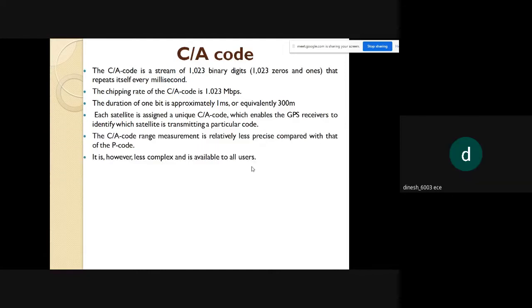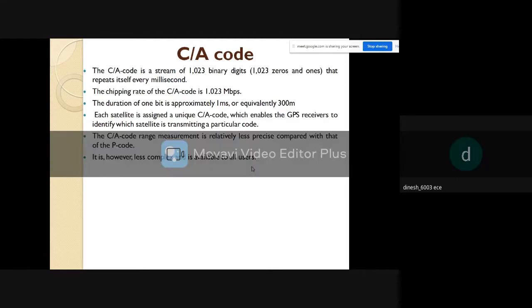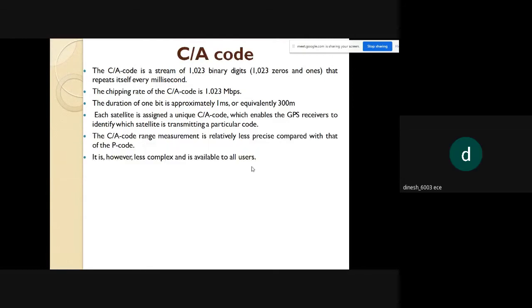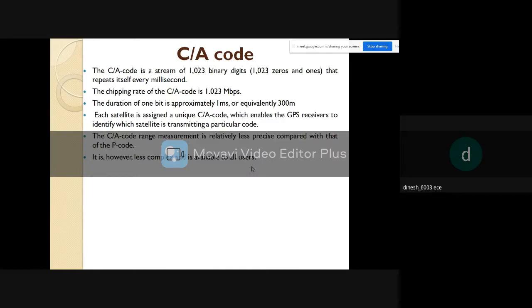The duration of every bit would be approximately 1 microsecond, or it will be equivalent to 300 meters. The satellite with this type of C/A code enables the GPS receivers to identify which satellite is transmitting with that particular code.